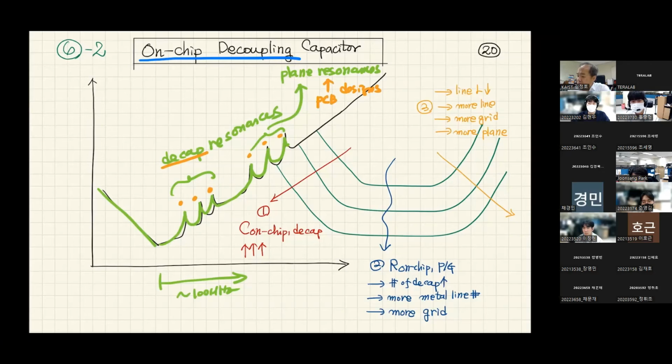As we know, because of the inductive nature of decoupling capacitors and interconnections, power ground interconnection impedance is gonna go up above the gigahertz range. So the only way we can reduce the impedance in the gigahertz range is putting the capacitor inside the chip.